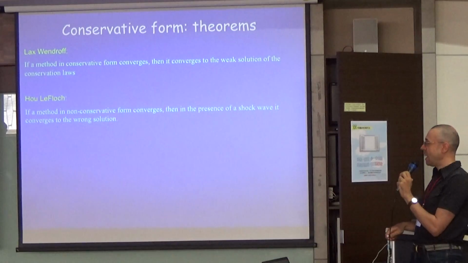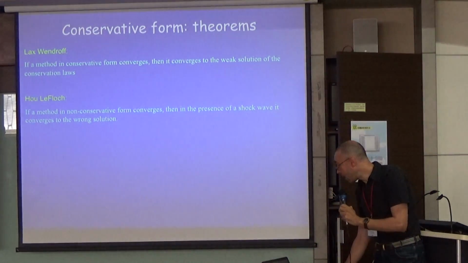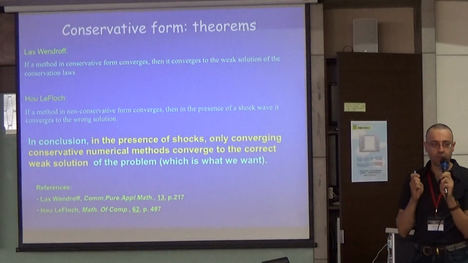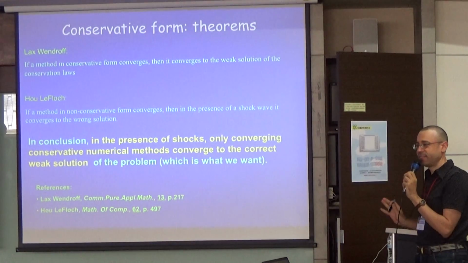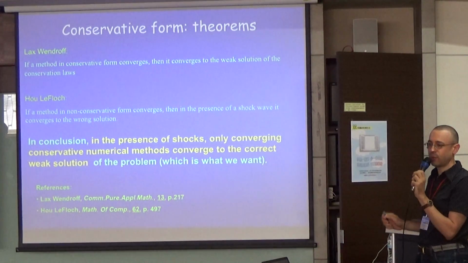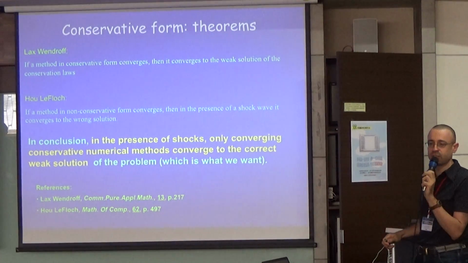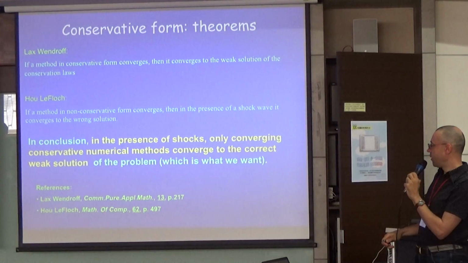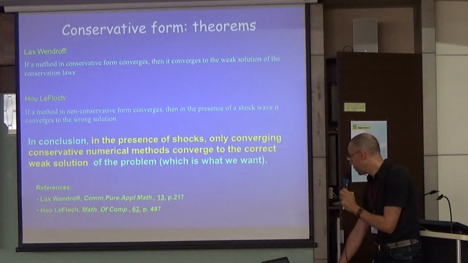And this is put there to convince you that we really have to use conservative form for our systems. We cannot do without it. If you want to study matter, you have to write the equations in conservative form if we can. Not all systems can be written in conservative form. There are references if you really want to know the details.